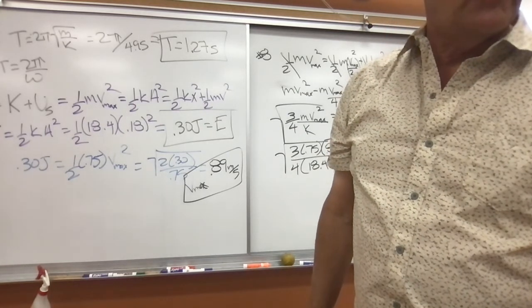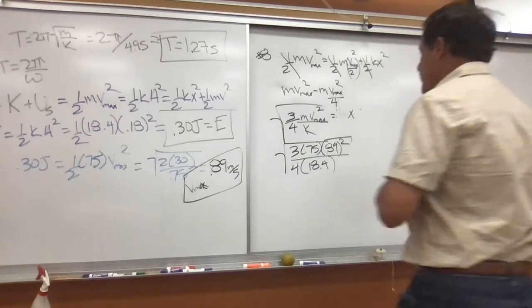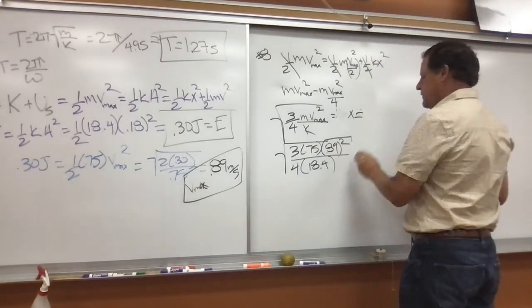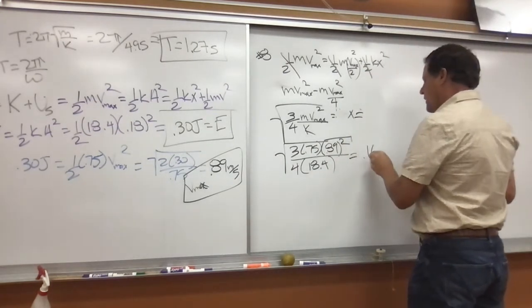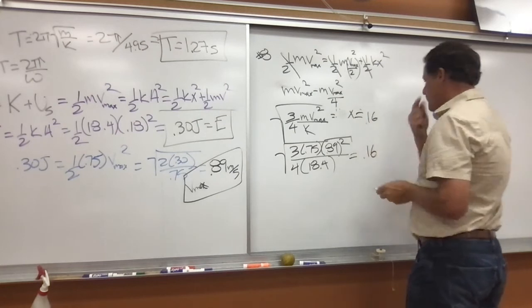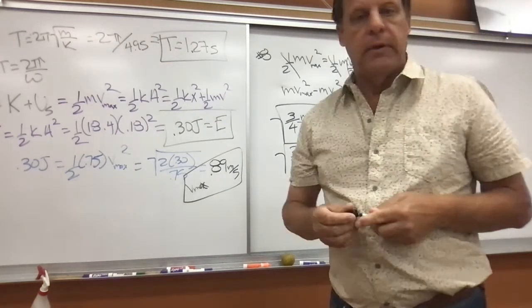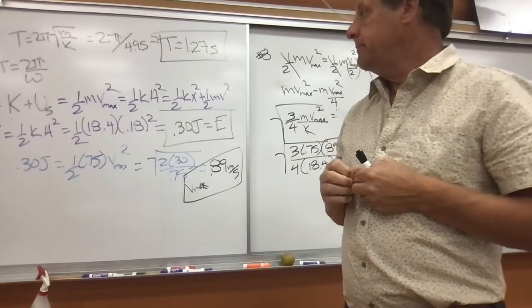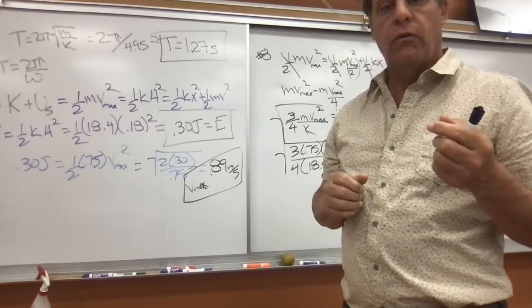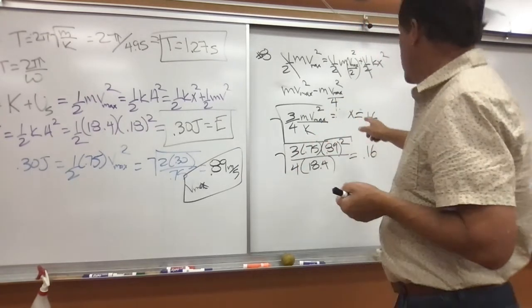So we'll call it 0.16. Okay, so our x is equal to 0.16. Now, you guys, that right there is with relationship to our equilibrium point.